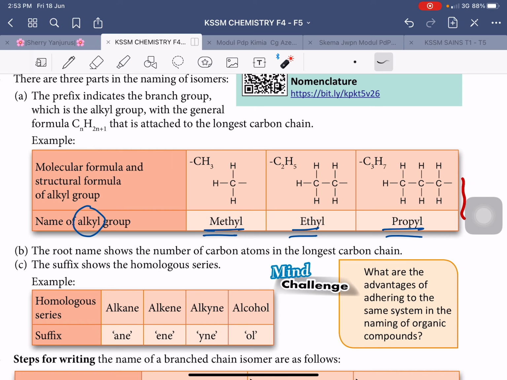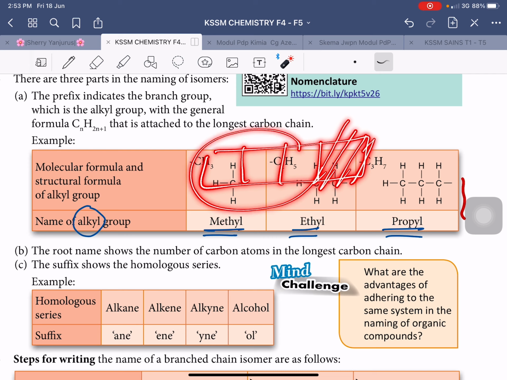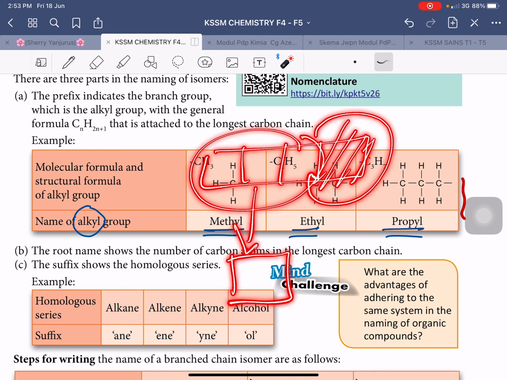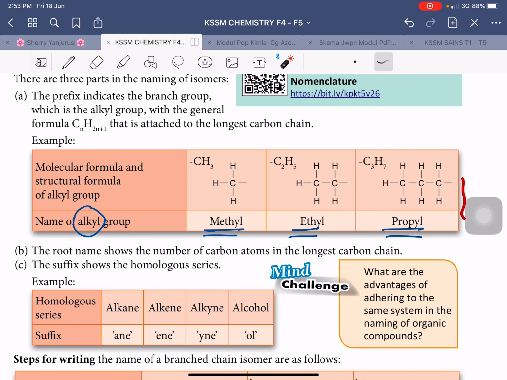Tapi untuk pengetahuan kamu, cabang tu adalah longest chain yang dipotong-potong. Okay, dipotong. Ini potong jadi tinggal 3. Mana sudah yang ini, dia jadi cabang sudah. Sini, bawah atau atas. So, cabang pertama ada 1C, 3H. Cabang kedua ada 2C, 5H.